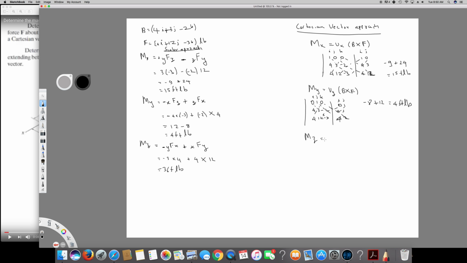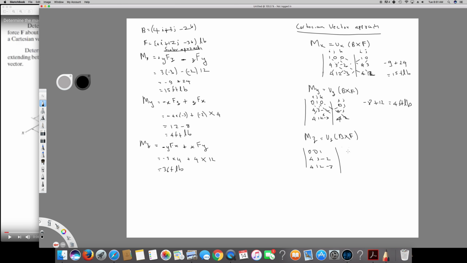Mz is going to be, sorry, j z b cross F, and in this case I'm going to put 1 0 0 1 for z, and 4 3 negative 2, and 4 12 negative 3, and I'm going to copy ij again here.